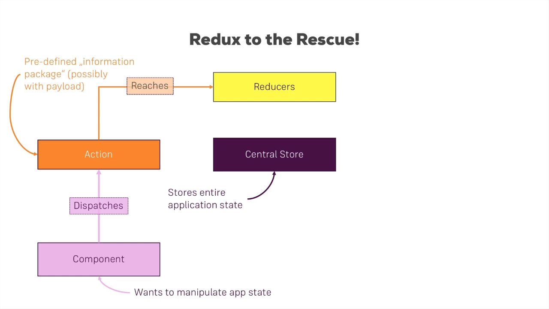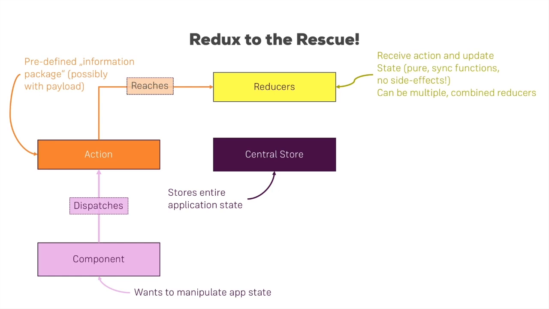So the action reaches the reducer, and since the action contains a type, the reducer can check the type of the action, for example, if it's add ingredient, and we then define the code for that type of action in the reducer. The reducer in the end is just a pure function which receives the action and the old state as input, and which then spits out an updated state.